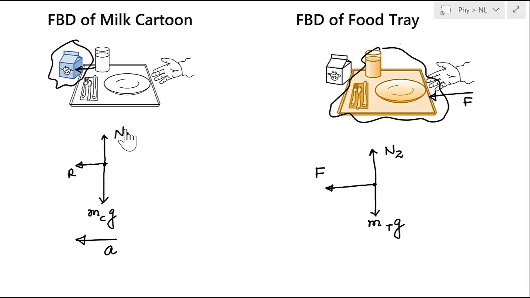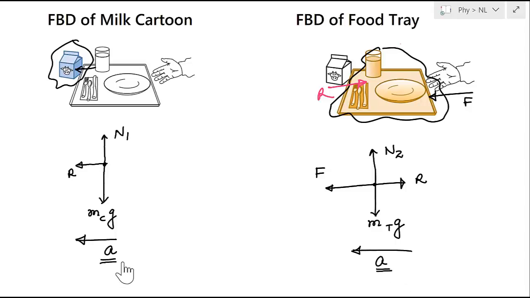Yes, there is one more force missing, because the milk cartoon is trying to push the tray in this direction with the same amount R. We know from Newton's third law that if the tray applies a force on the milk cartoon, then the milk cartoon will also apply a force of the same magnitude on the food tray in the opposite direction. So we have to include this force R, acting in this direction, and once again the acceleration of the food tray is in this direction, and the magnitudes of these two accelerations are the same.